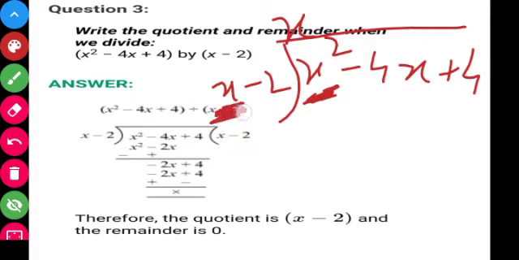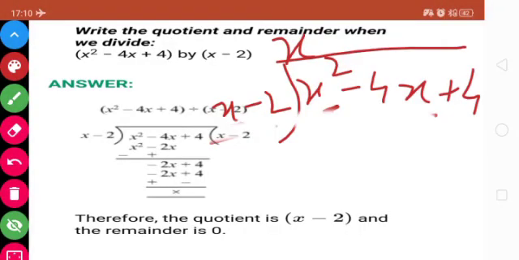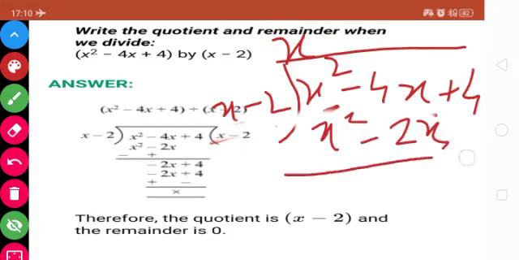So we will divide this whole dividend by this, x times. What will be x times? x square minus 2x. We multiply x to this, then it will be x square, then minus 2x.